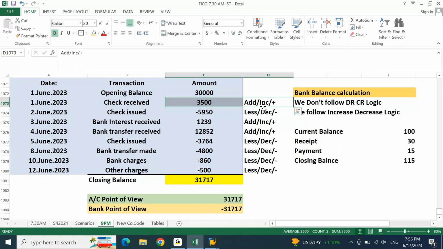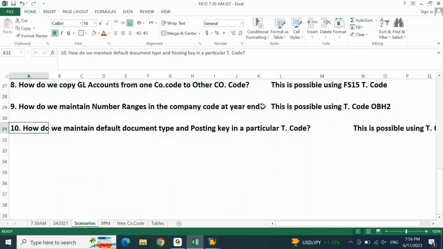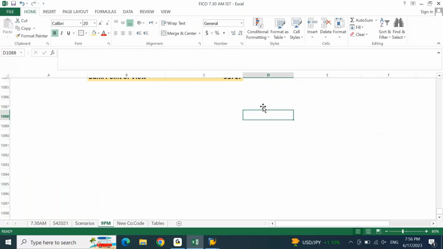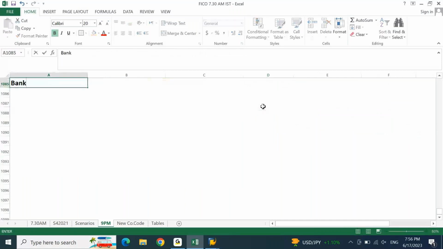Now, when I say this statement, let me write this. You have banking. In our example, you have Citibank. You have accounting. In our example, your company code is DEIN, bank GL account. Agree?